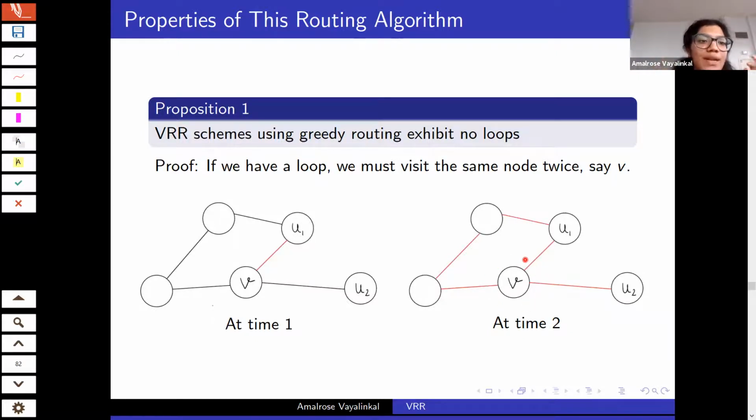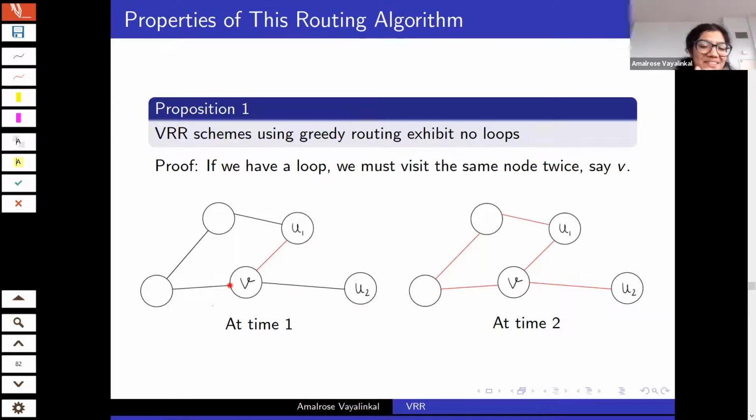So the reason this will never happen is because, at V, as we discussed earlier, that best node is very well defined. Either it's going to be the current intermediate target, you keep the same, or you change to a new, better one. And also, earlier we talked about how the routing table is fixed as long as the physical network is fixed. So when we make this hop towards U1, that's the only route we have to that intermediate target from V, right? There's one and only one routing table entry.